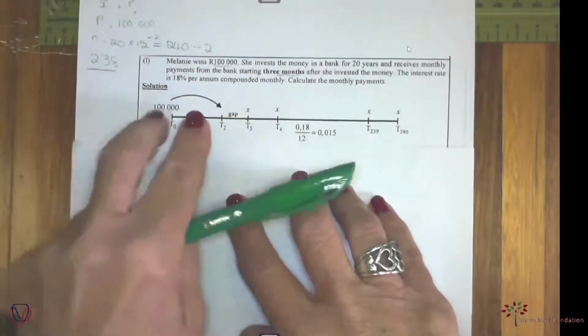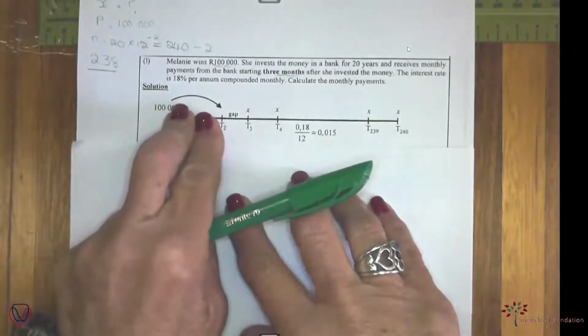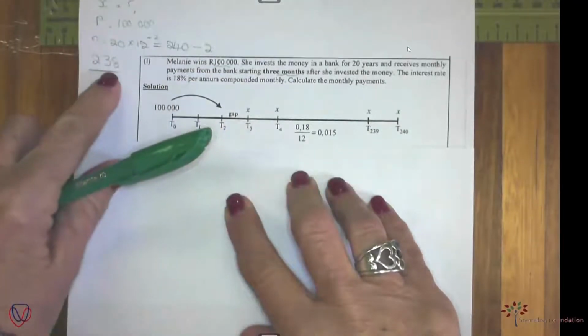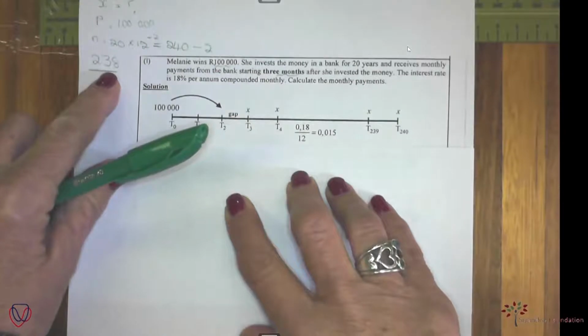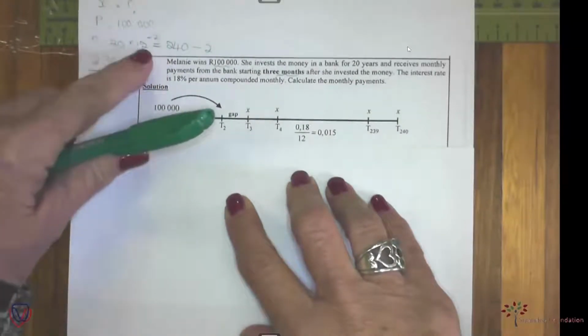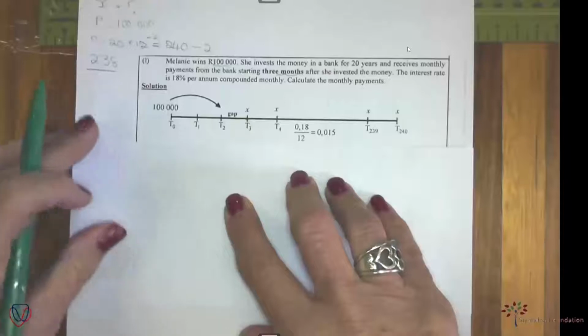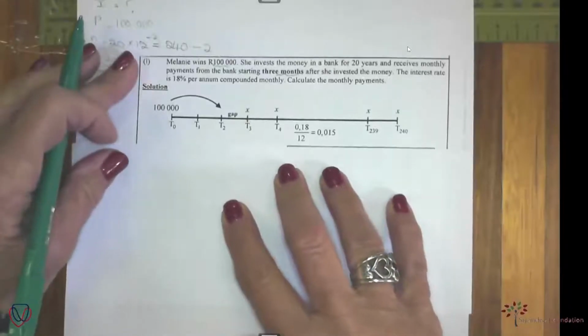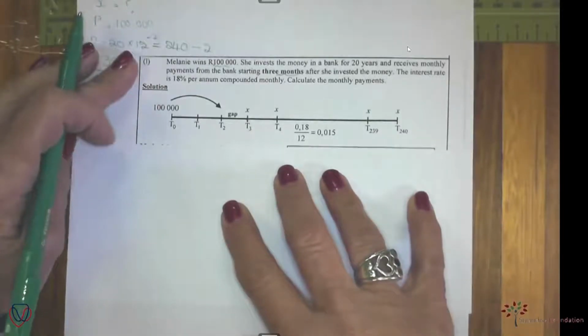And that means it's only 2 months that she lost. And that's why we make our N 238 instead of 20 times 12, which is 240. And that is the interest rate, people.